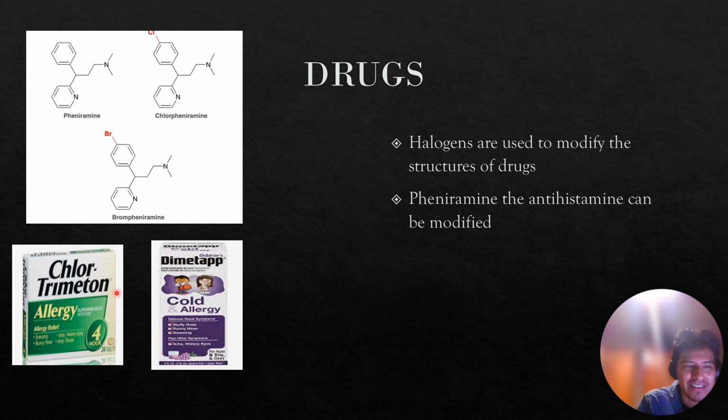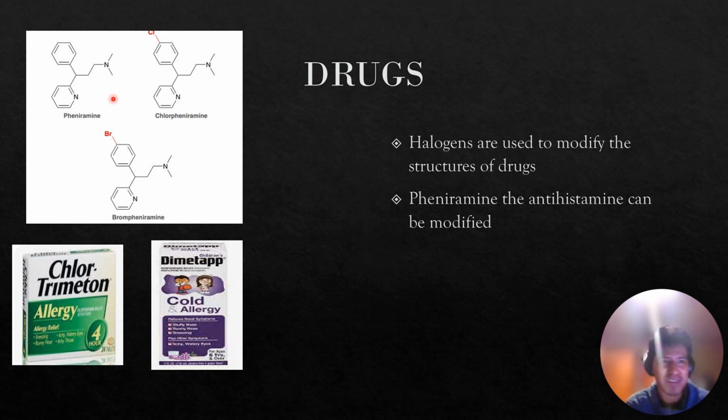I found out that it's discontinued, but I also found it on Amazon, so I'm not entirely sure what's going on with that. But these two new drugs, I guess, that were produced are pretty much better than this. They were just halogenated, and it's pretty crazy how much that affects the drugs.